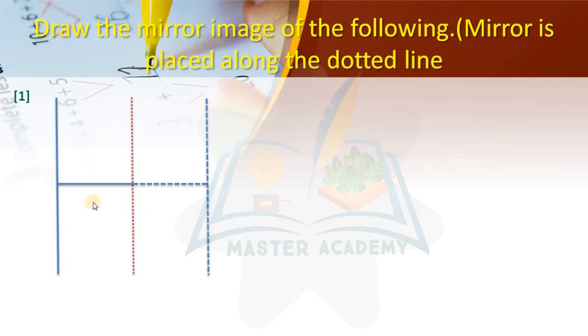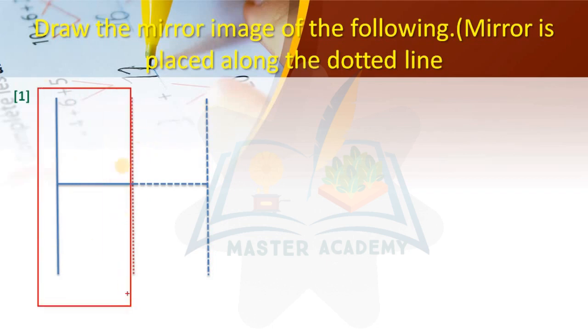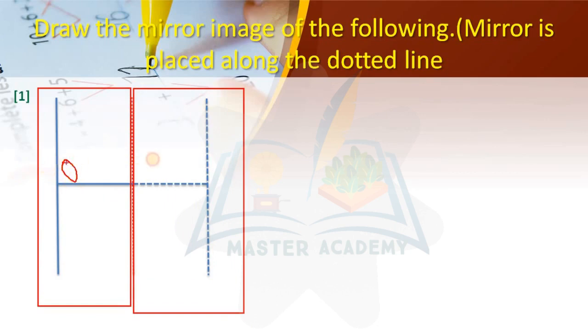Okay, this is your original figure and this is your mirror image, right? It is your original and it is your mirror image. Clear? Understood? This type of question will be asked in the examination.